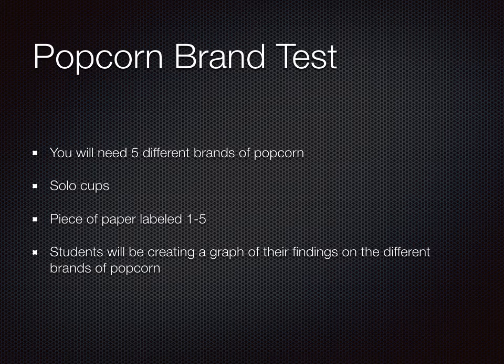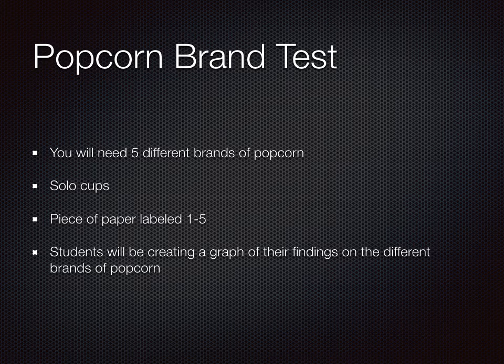So the students all had 5 solo cups in front of them, one with each different brand of popcorn. The students were able to eat the popcorn and label their papers 1 through 5, and on number 1, the first cup, write down what they think that brand is, and so on. And then we made charts of what everyone thought the popcorn brand was.